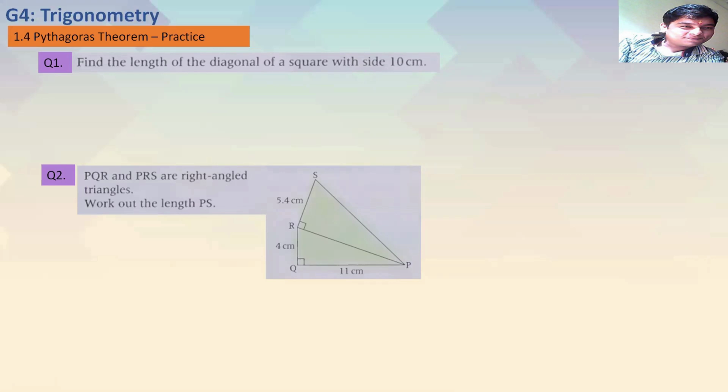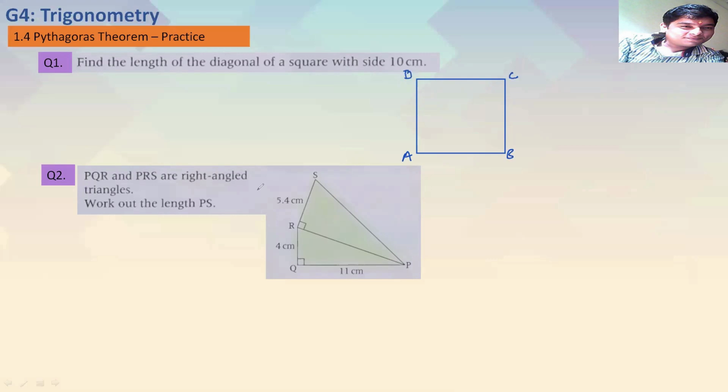Wonderful. So what do we do over here? Using the picture, right? Yeah, let's draw a figure. Let's have a square drawn. Let's call the vertices A, B, C, and D over here.